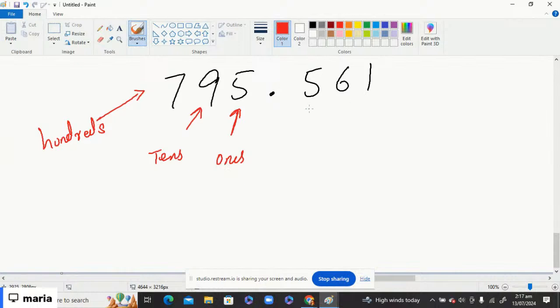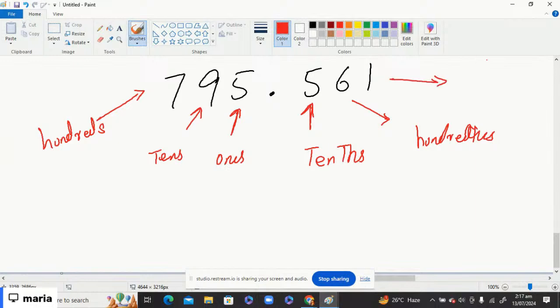But when we see here, it's tenths, this 6 is in the hundredths, and this 1 is in the thousandths. Understand? Tenths, hundredths, and thousandths.